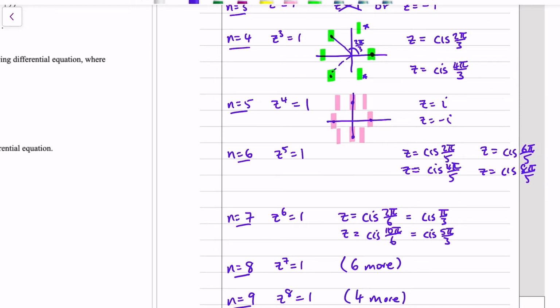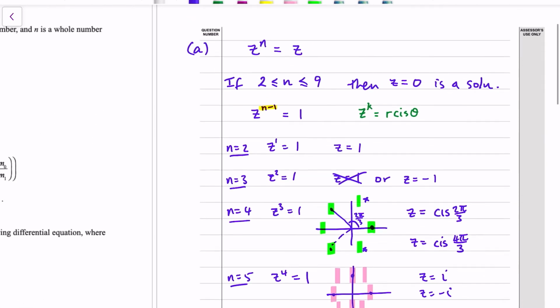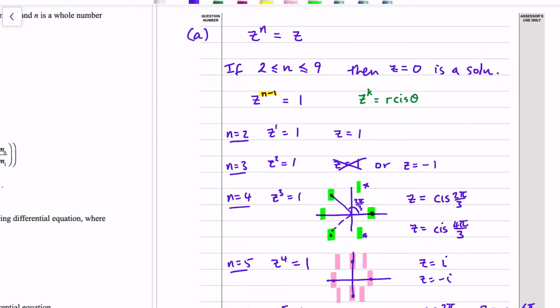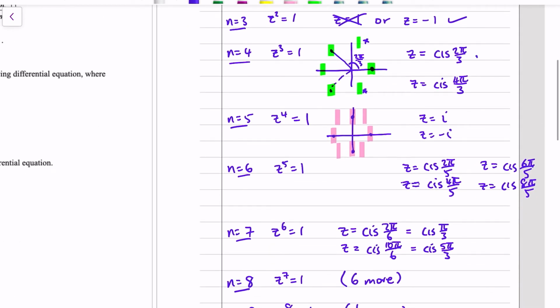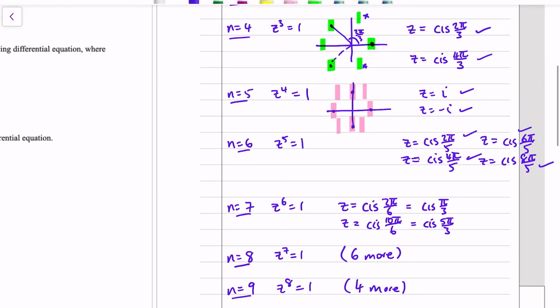Okay, so how many solutions have we got in total? Because n equals 9 was the last relative we needed to consider. We've got z equals 0, 1, 2, -1, 3, 4, 5, 6, 7, 8, 9, 10, 11, 12, oopsies, they're equivalent, 12, 13, plus another 10 makes 23.